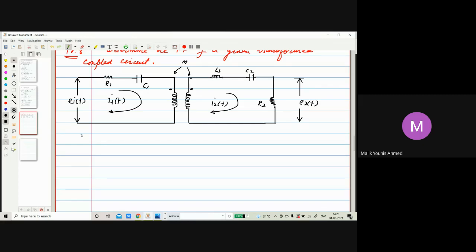Okay, so the solution of this numerical is applying KVL to both meshes, that is mesh 1 and mesh 2.